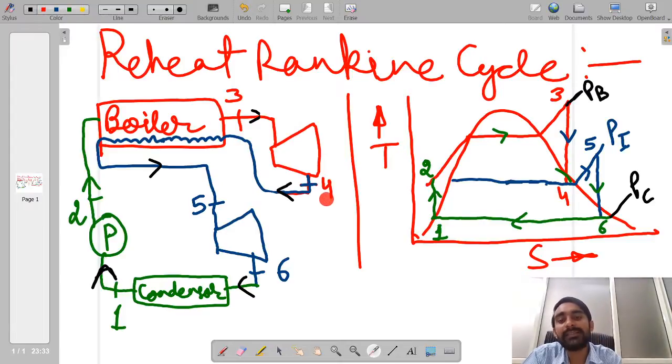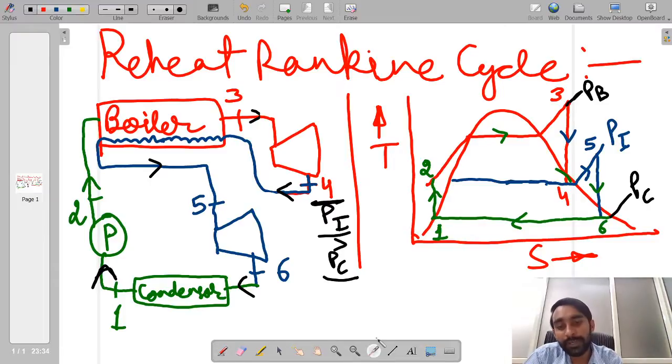Rather, we expand this steam only to some intermediate pressure. So point number 4 here corresponds to some intermediate pressure PI, and this PI is greater than our condenser pressure PC.